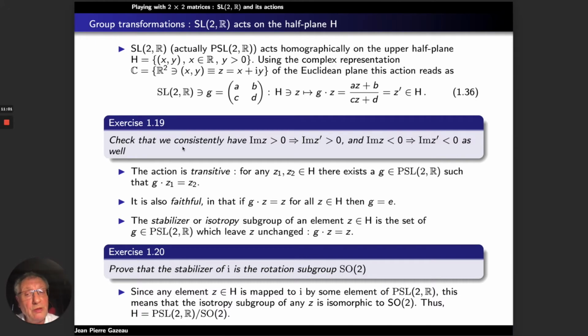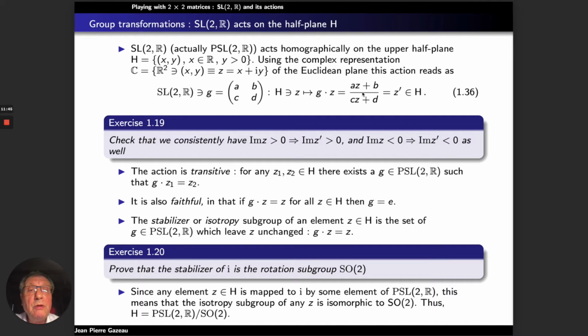Check that we consistently have, if the imaginary part of the complex number Z is positive, then the imaginary part of the complex number Z prime is also positive. And conversely, if this imaginary part is strictly negative, the homographic action on Z will also conserve the negative sign.